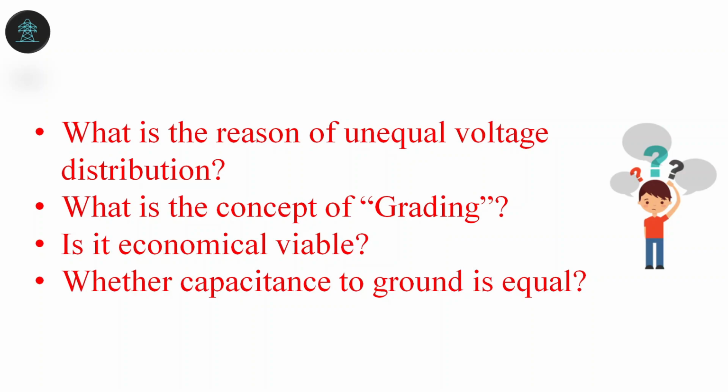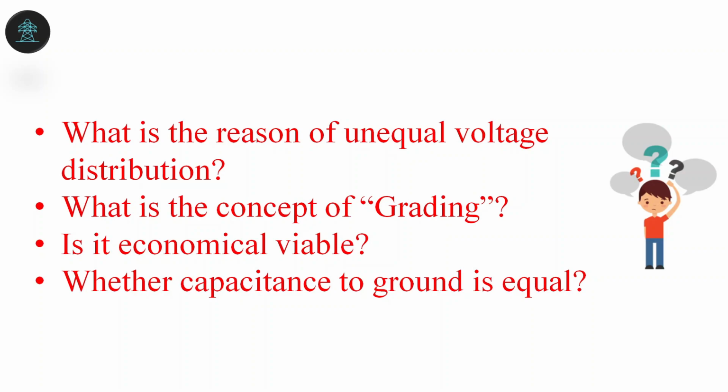Let me reply to the second question. What is the concept of grading? Since I already discussed that the current through each insulator is different, to make the product of the current through the insulator disk and its capacitive reactance the same, we need to have disk insulators of different shape and size. Thereby, the product of current and capacitive reactance is the same.